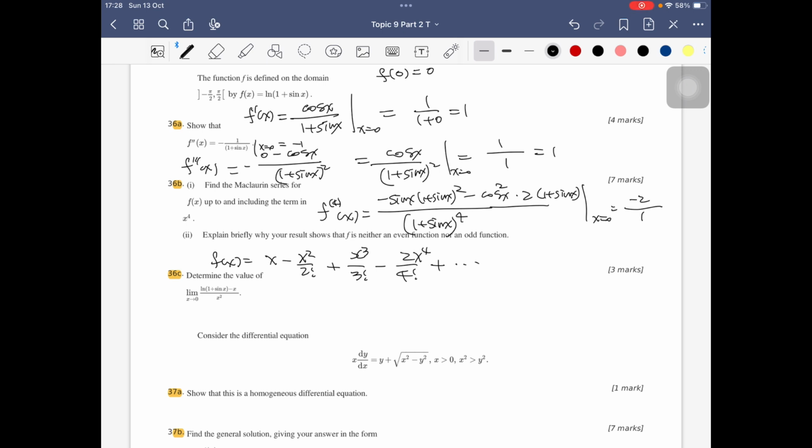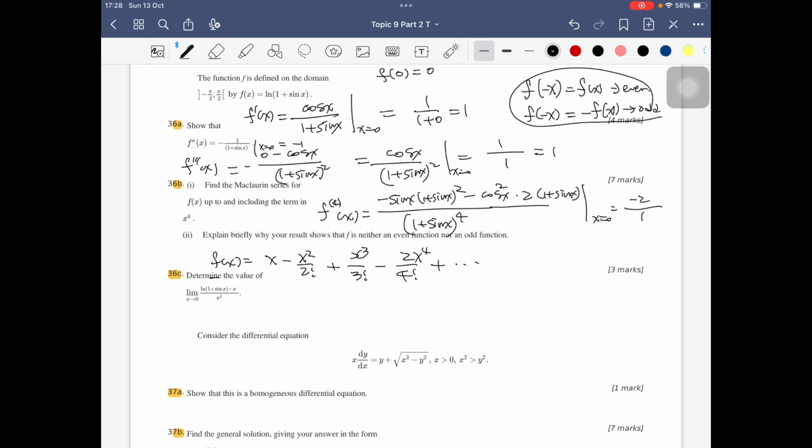And even or odd? No, actually this is not even and not odd. Even should be when we find f of negative x, which we input negative x into x. If we get f of x exactly, then this is an even function. And if it is negative f of x, then this is an odd function.